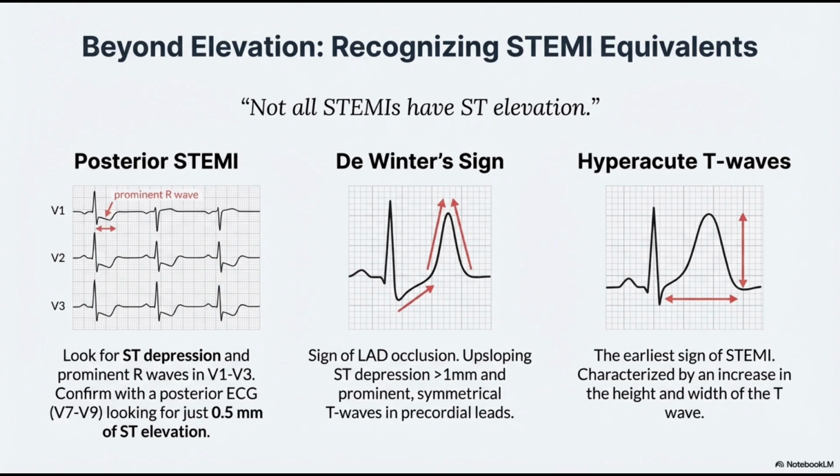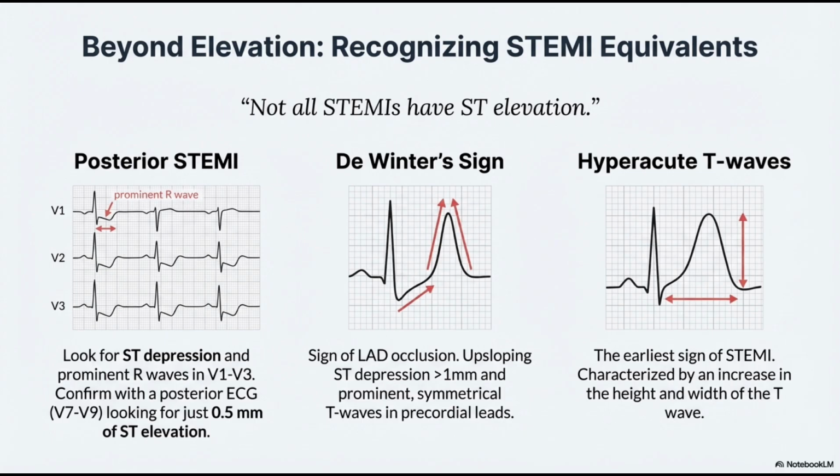Exactly. Instead of elevation, what you're looking for in V1 to V3 are 2 clues: ST depression and prominent R waves. The depression is the reciprocal change, the mirror image of the elevation you can't see. Perfect. It's the mirror image. And the prominent R wave suggests a delay in electrical flow that happens during that posterior infarction.